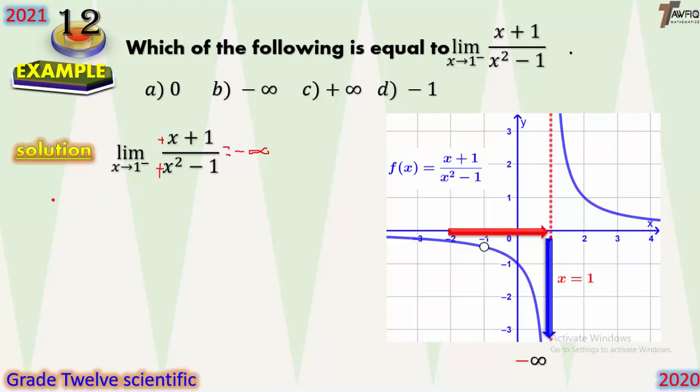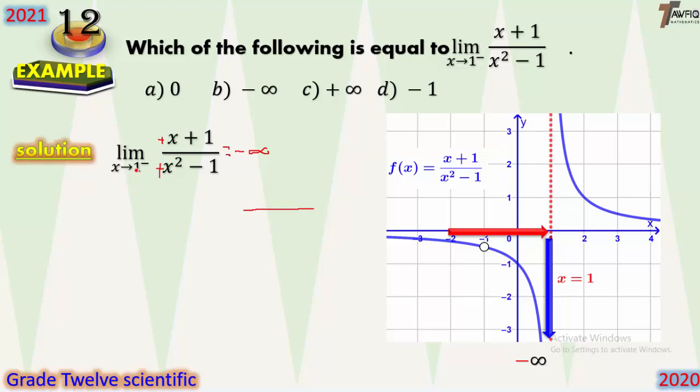Or, because we are approaching 1 from the left, take a number less than 1 and replace it in the function in place of x.